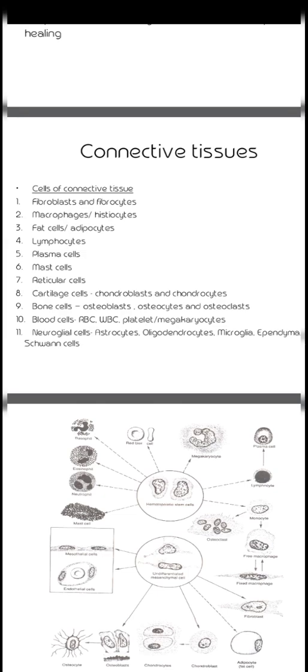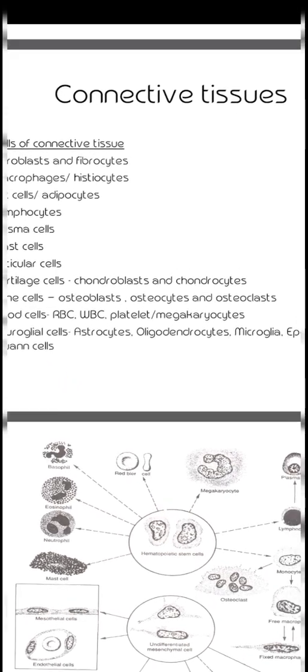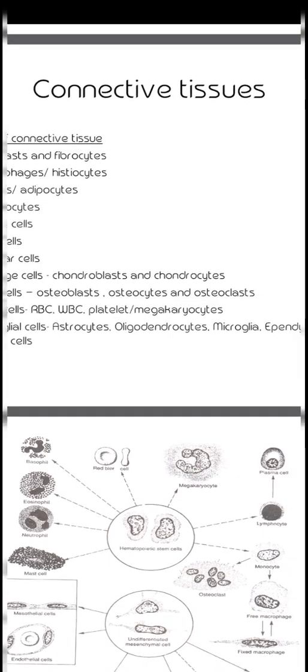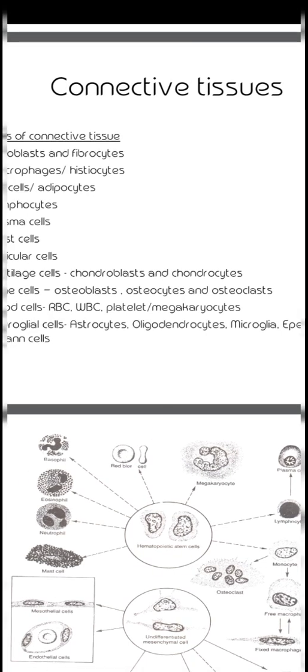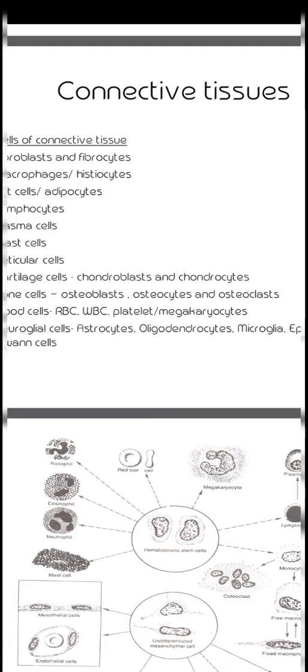Bone cells, the different types: osteoblast, osteocyte and osteoclast. Blasts are those cells which are immature. Cytes are those cells which are mature, and clasts are those cells which are going to break down the mature cells. So blasts form the mature cells, clasts break down the mature cells.